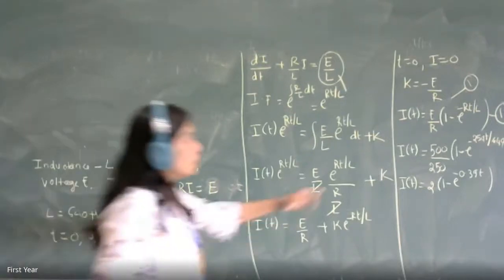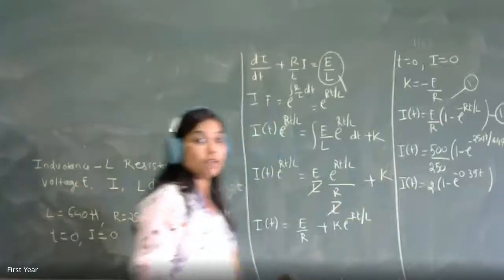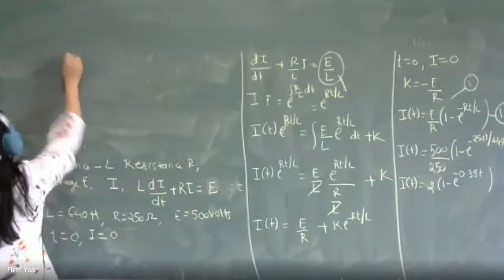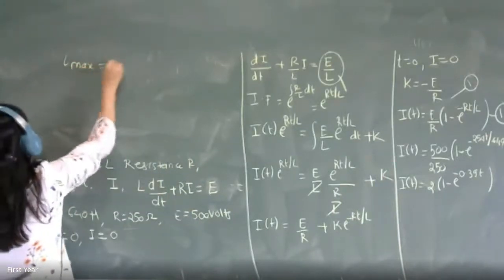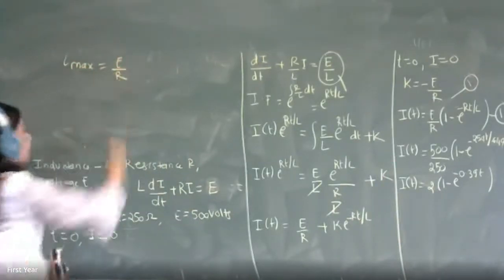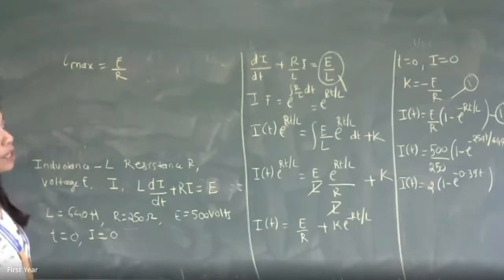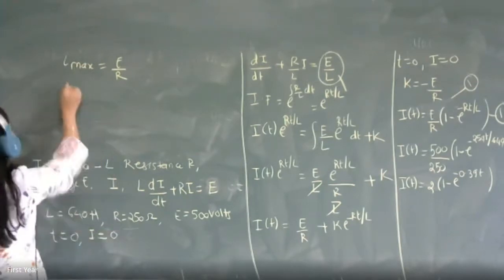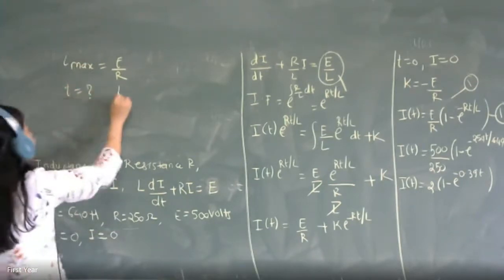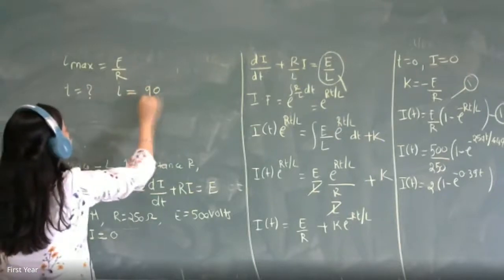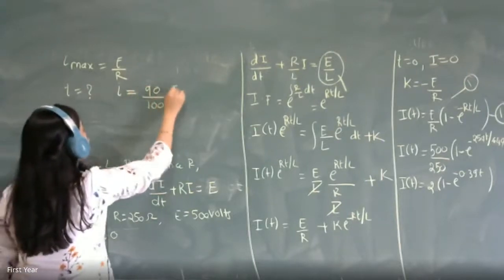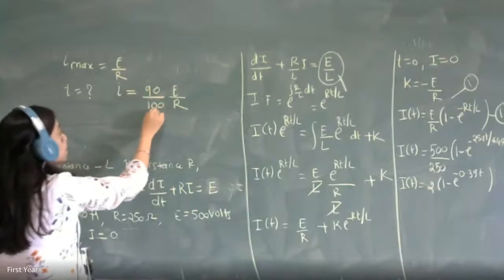Everyone knows that Imax is E by R. You did it yesterday. When t goes to infinity, e raised to minus infinity will become 0, and the maximum value will be E by R. So what is asked is, find the time required for the current to become 90% of the maximum value. Is this clear what I am writing? 90% of E by R.